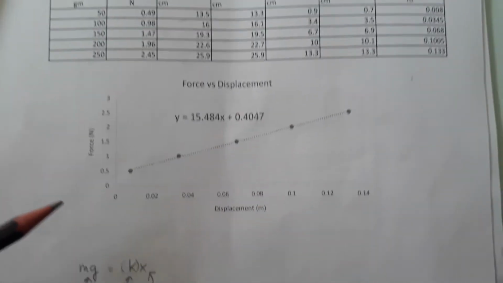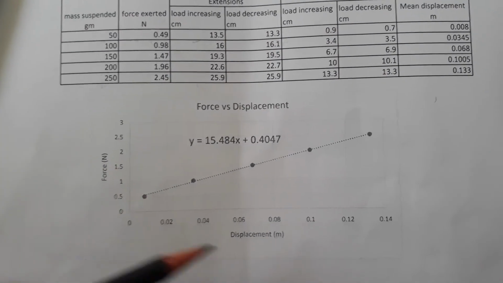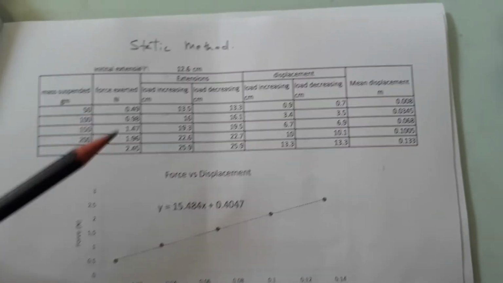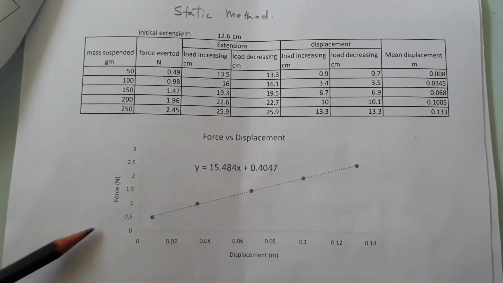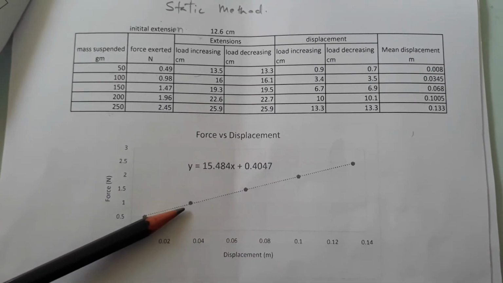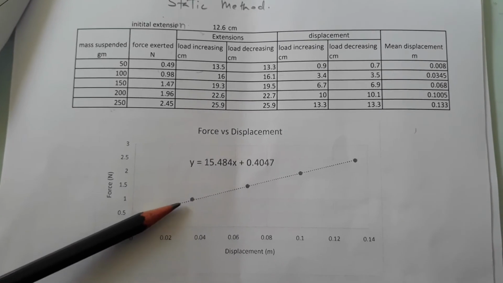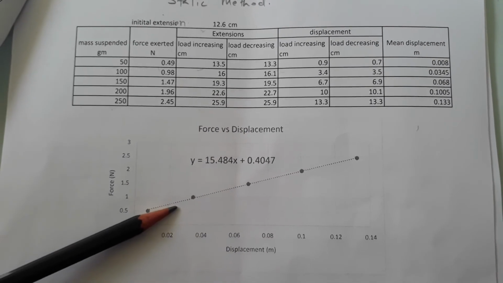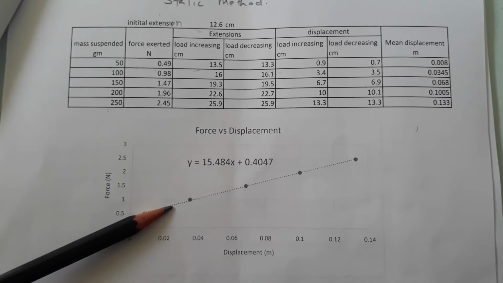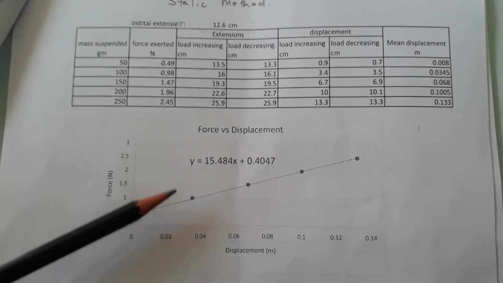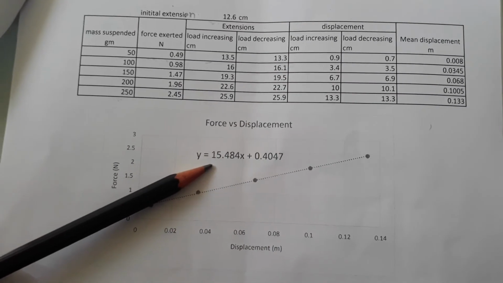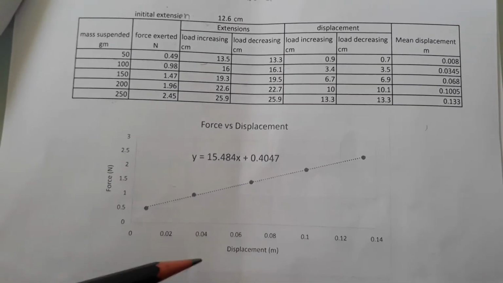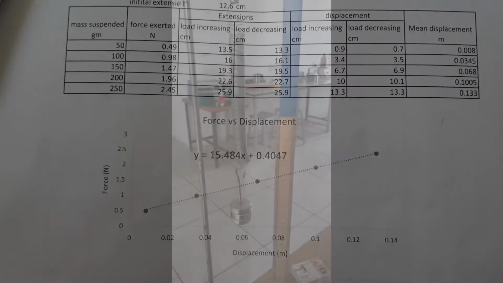Once you plot force versus displacement, you will get a straight line, and that is what you should get. From that you can use Excel to fit this equation, and once you do the fitting, you will get a slope, and the value that you get is 15.484, and that is in newtons per meter.